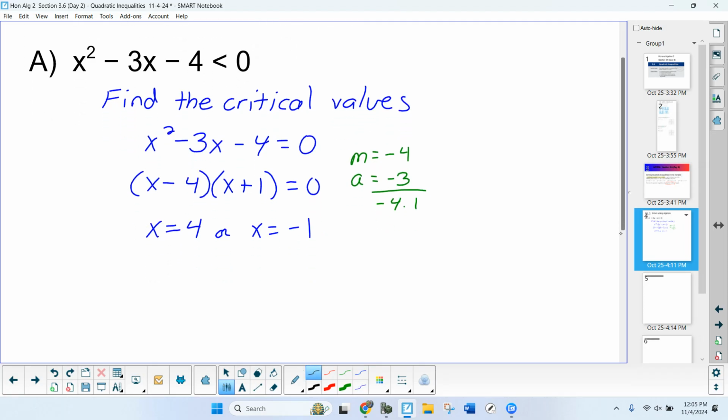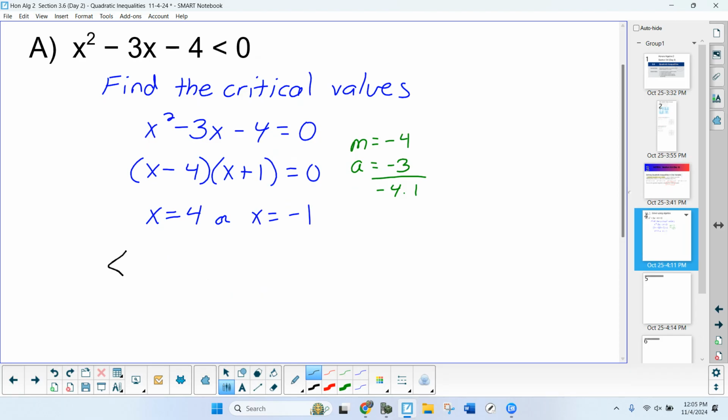So what I'm going to do is put these numbers on a number line. I'm going to put -1. Now this is not a very well written number line, but I just make it a quick number line. And I put -1 and 4. And since my original sign is less than up here, it will not include my critical values.